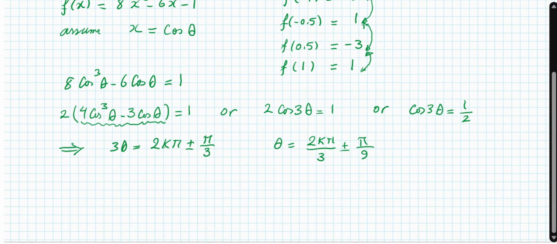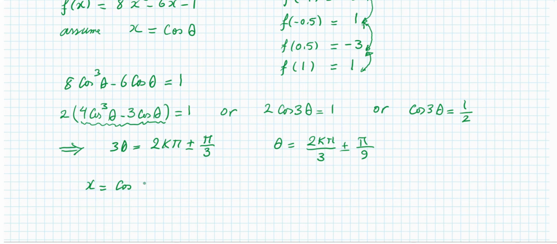And for this problem, the first 3 roots that we find from this equation: x would be equal to cosine of pi over 9. The next one would be x equal to cosine of 5 pi over 9.